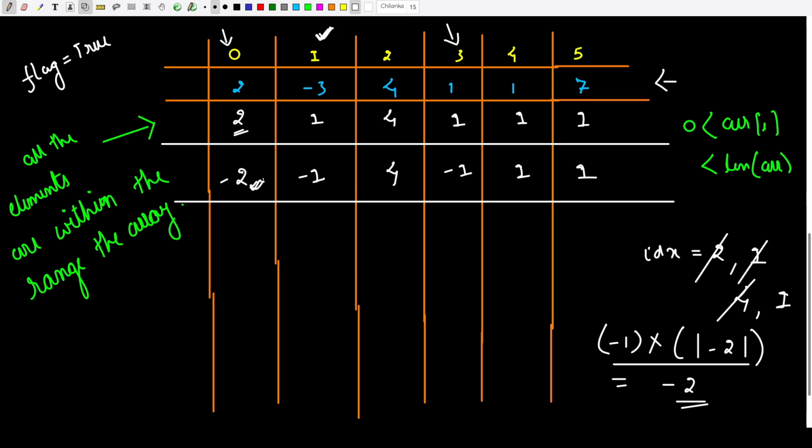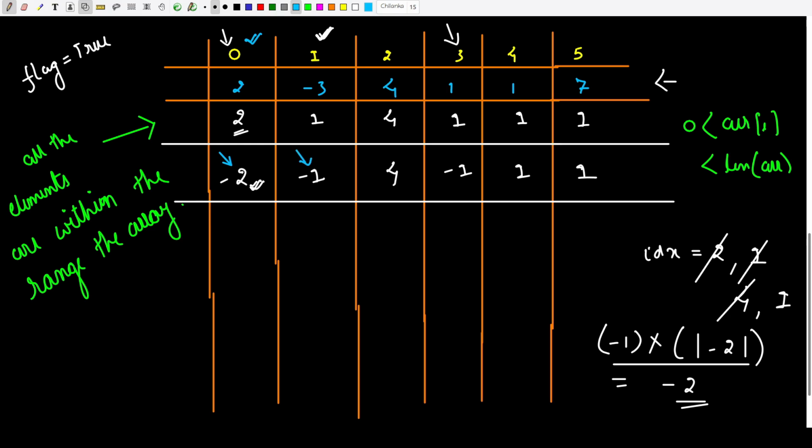Now finally, we are going to iterate through the elements of the array one more time, and check whether a particular element is positive or not. Since this element is negative, we know that this element exists in the array. So 0, and which element does it correspond to? 0 plus 1. So this index is what we are looking at.